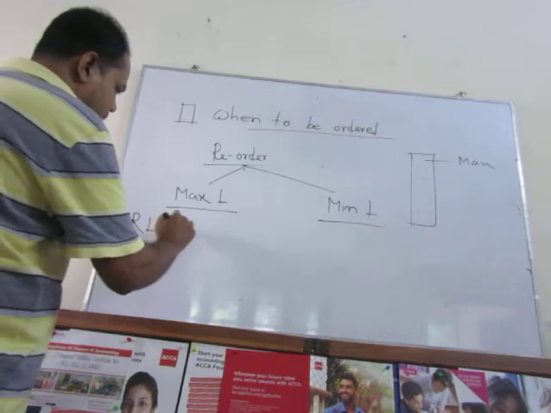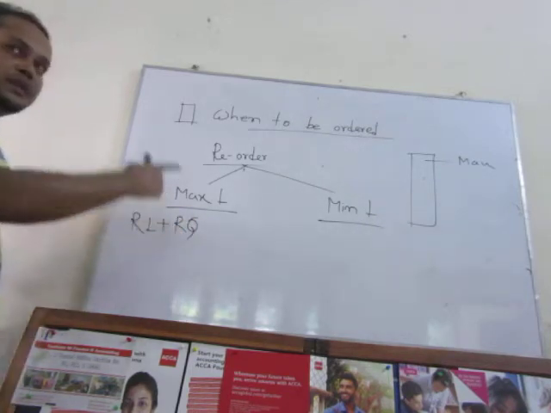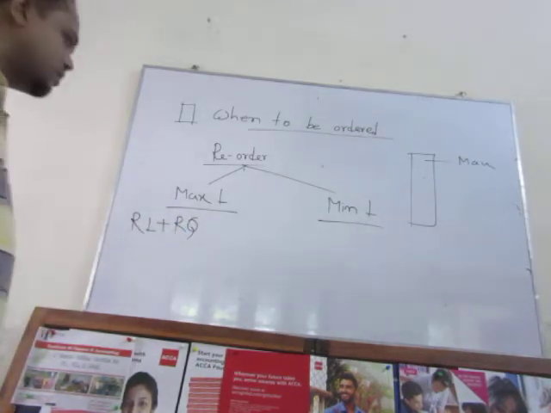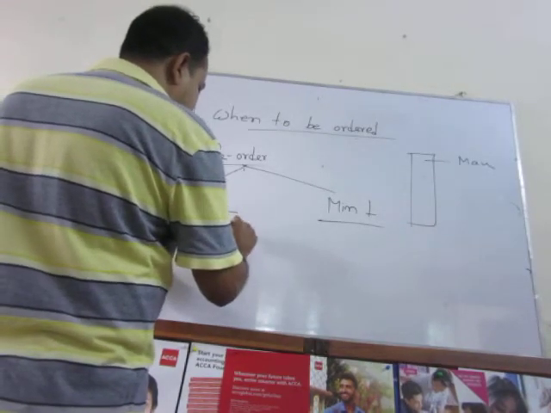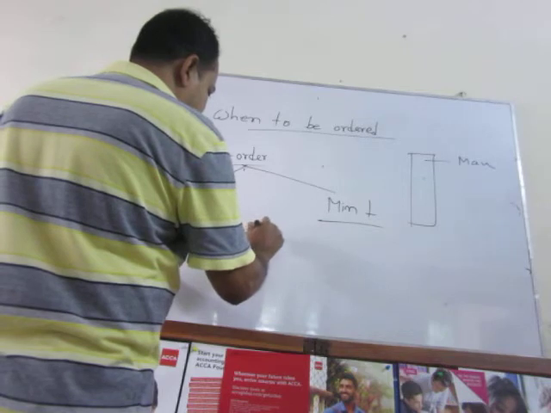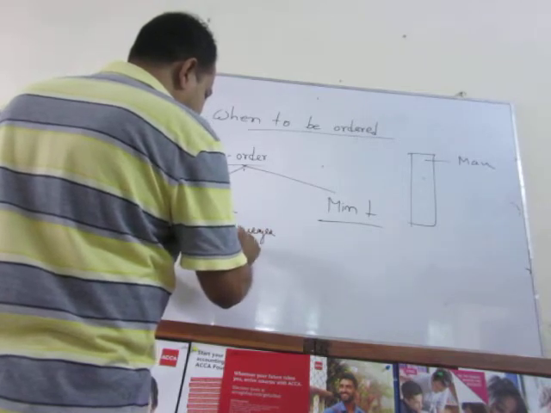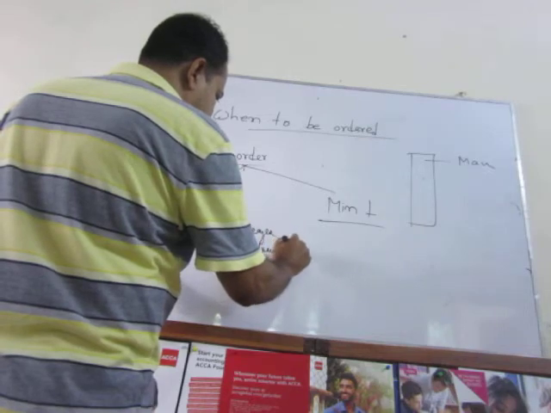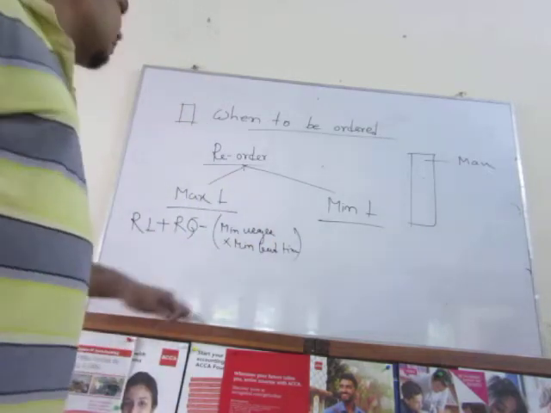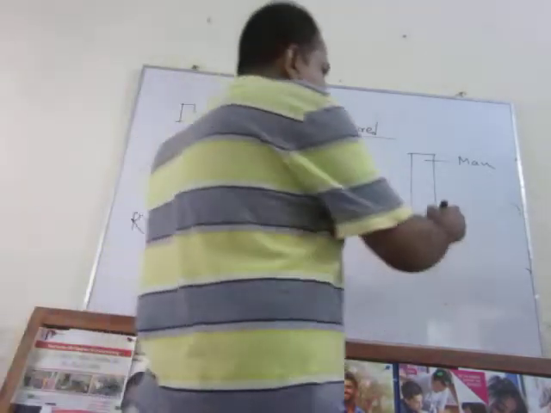Reorder level plus reorder quantity. Reorder quantity means EOQ, we have discussed. Minus mean uses into mean lead time. Mean level. Suppose this is the mean level.